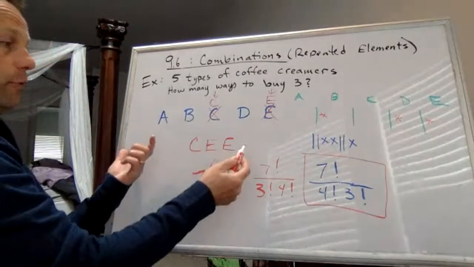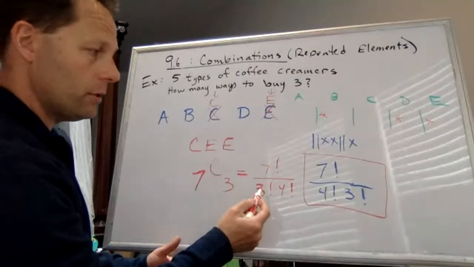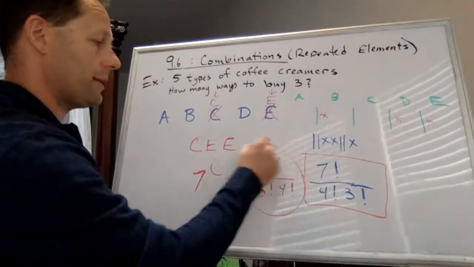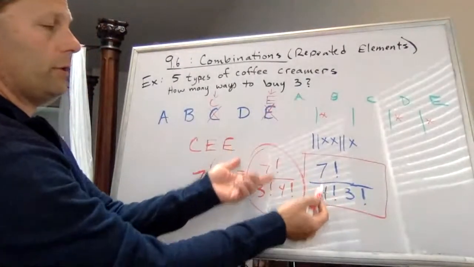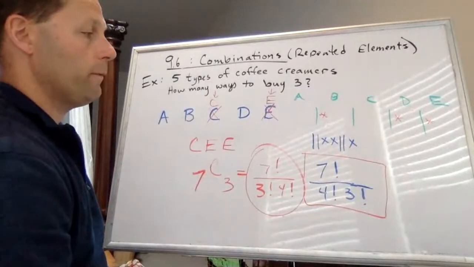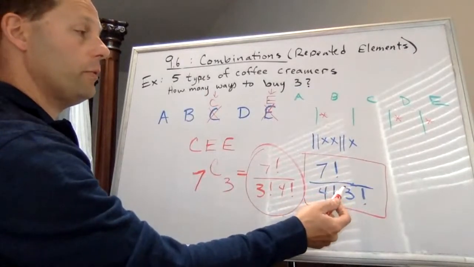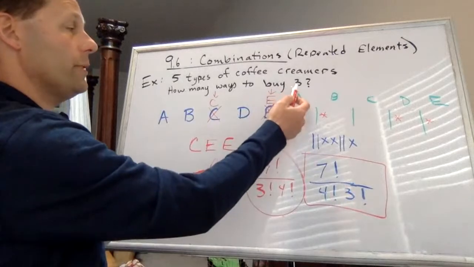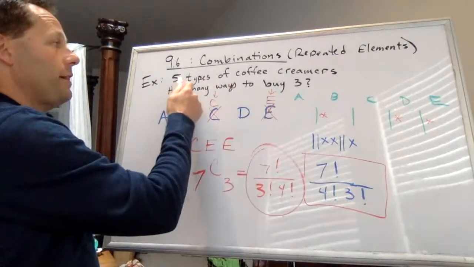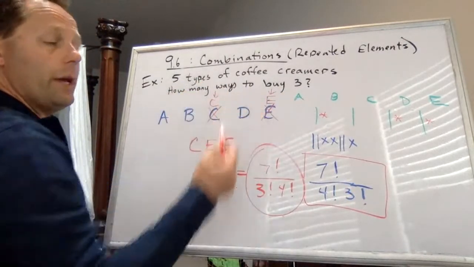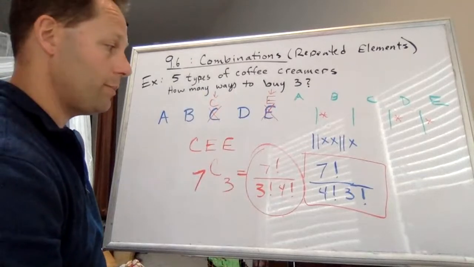And just the formula, which I can write down in general in a minute, led us to the exact same answer. So if you plug this in, or you could do it by hand, it's not that hard. If you plug this into your calculator, that would be the number of ways to buy 3 coffee creamers out of 5 types if it's okay to buy more than one of the same type.